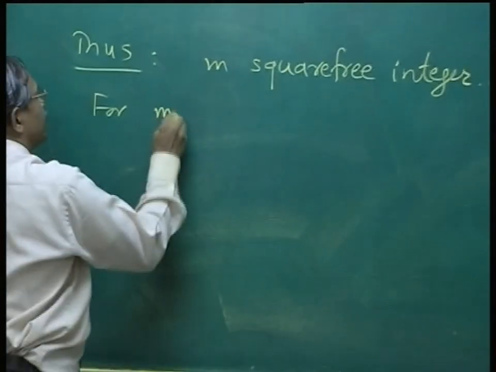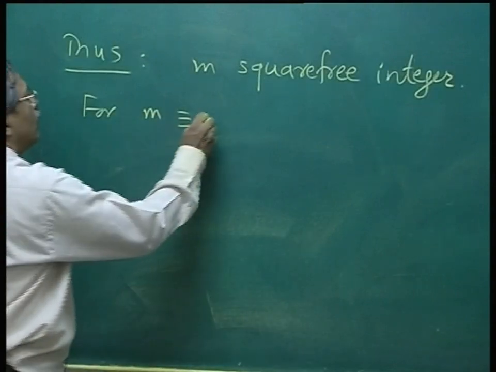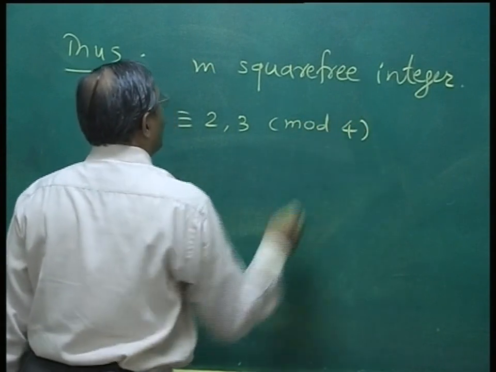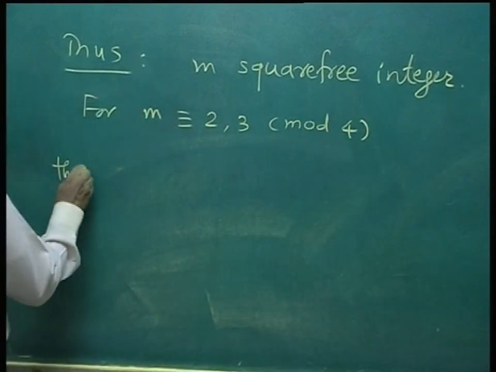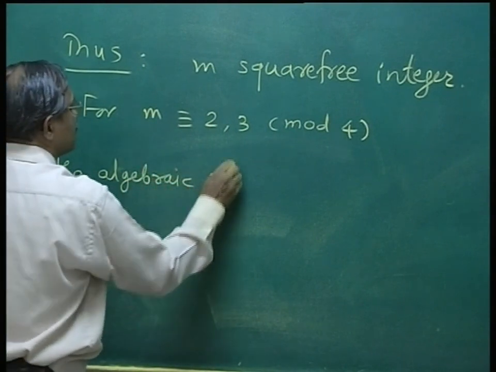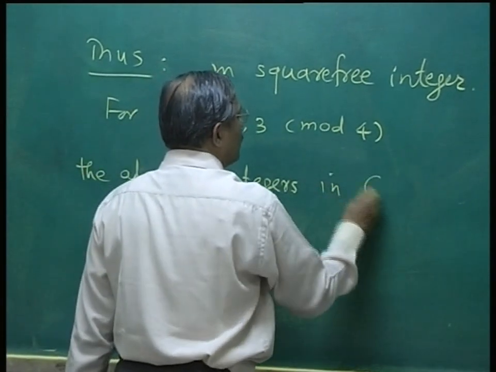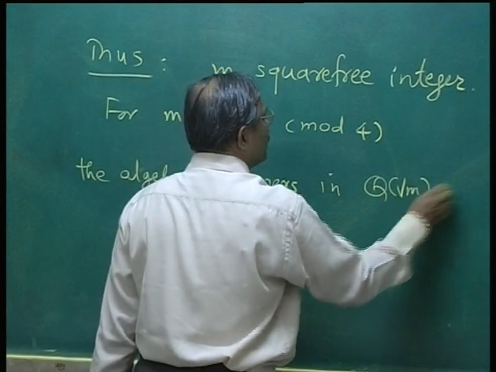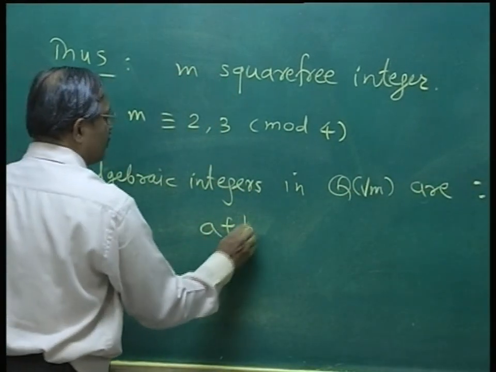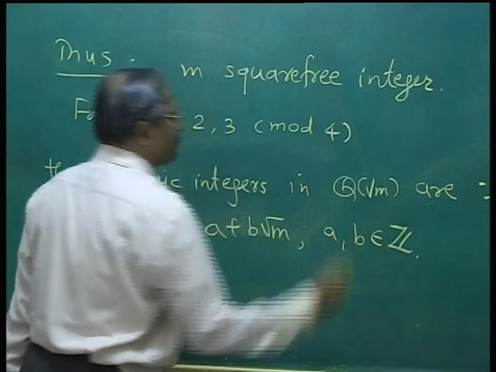So for m congruent to 2 or 3 mod 4, the algebraic integers in Q root m are, what are they? a plus b root m, a, b in Z.